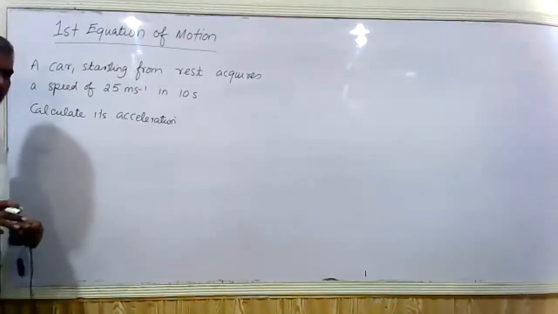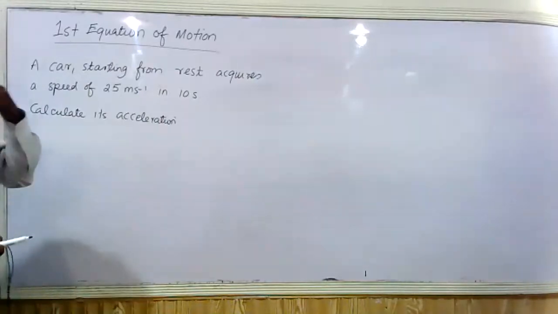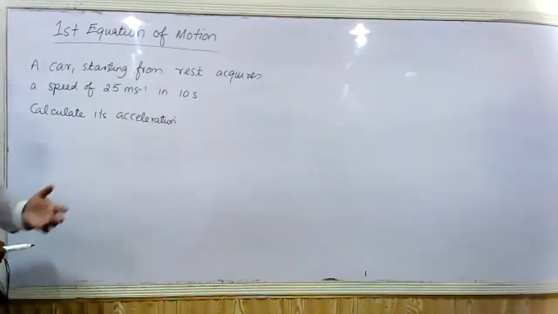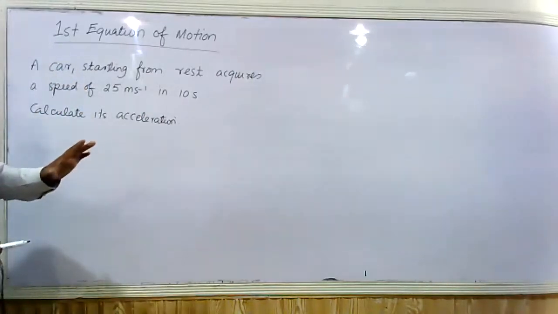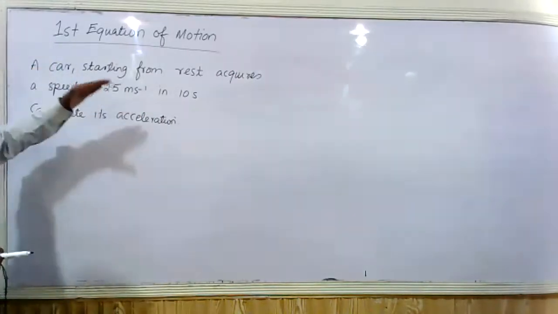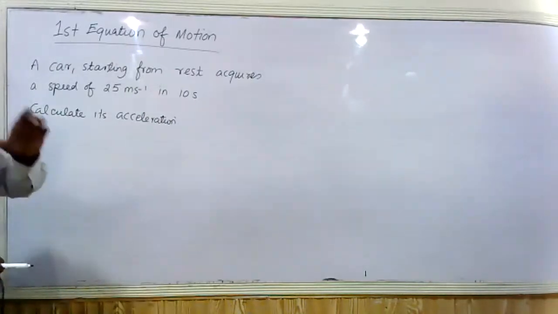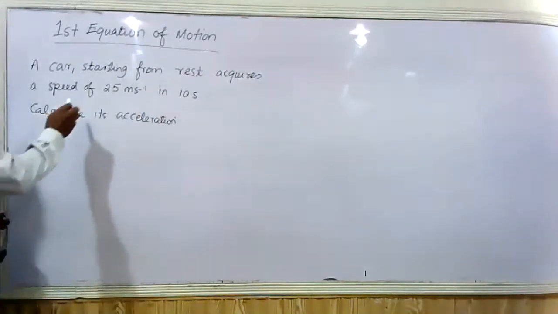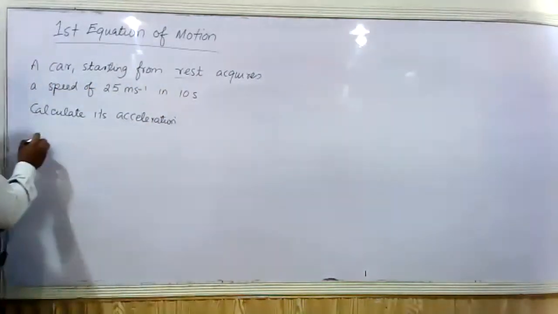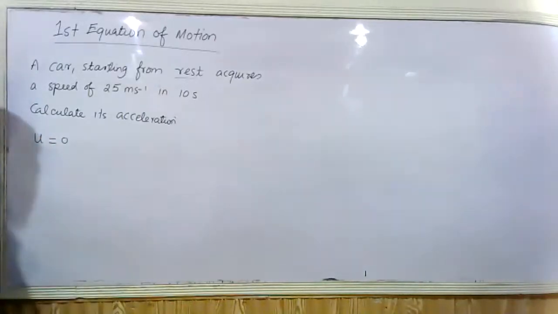The best way to approach problems in which we have to find the acceleration, final velocity, initial velocity, or displacement is to see what is given and what is to be found. We make a list of these quantities, and by making the list, we can identify the equation that we can apply. For example, starting from rest readily tells us that u, the initial velocity, should be 0.